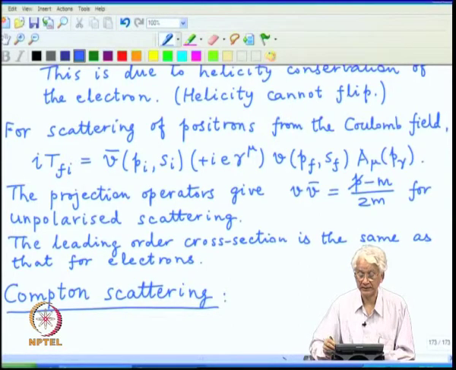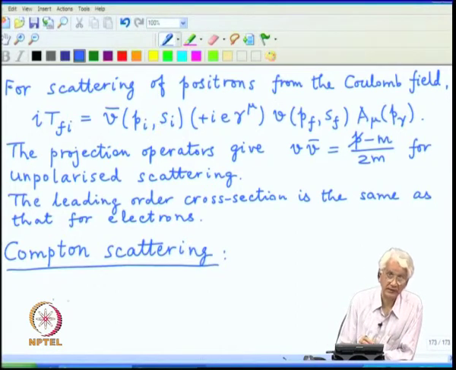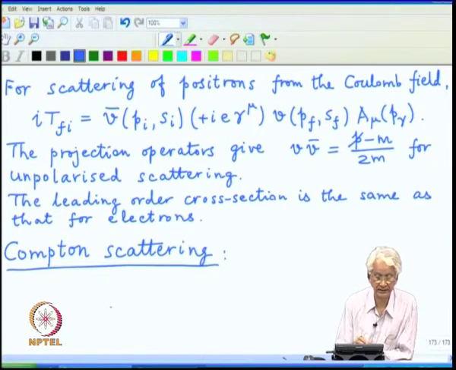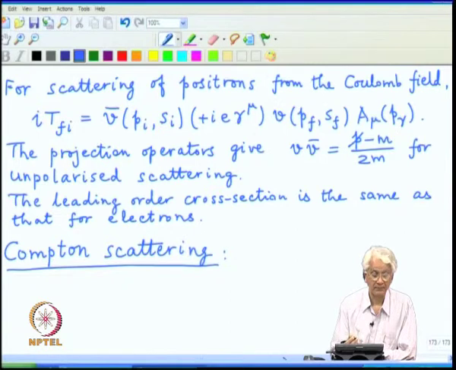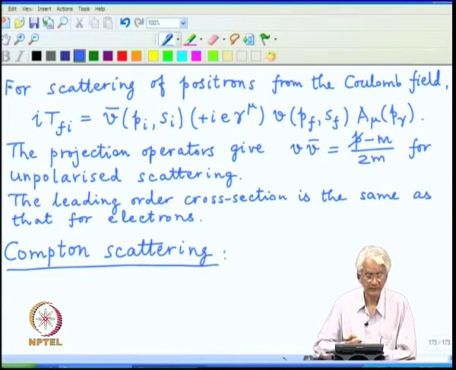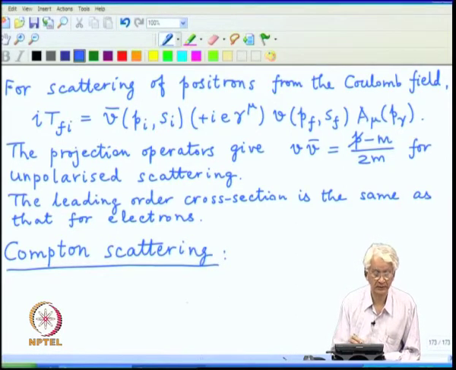We have seen that in this case there are two diagrams which contribute, and the process in the laboratory is essentially observed as scattering from a material, say free electrons in a metal, or even from atoms. So, the target is essentially non-relativistic, and you shine some light on it and you observe the final photon, and the properties of the final photon are what we want to calculate.